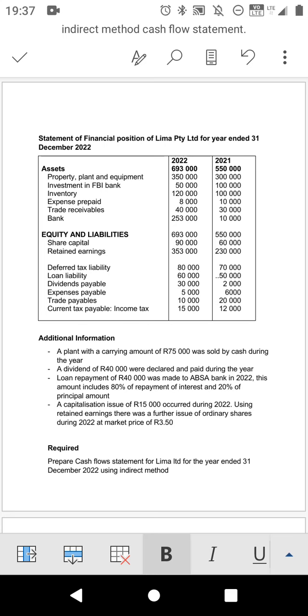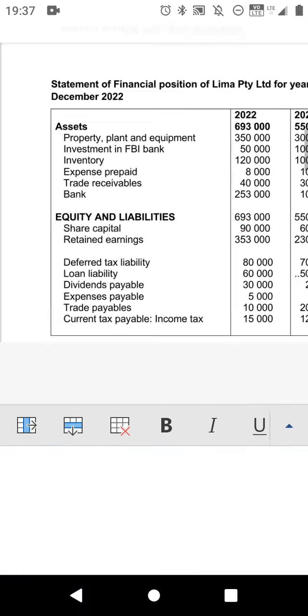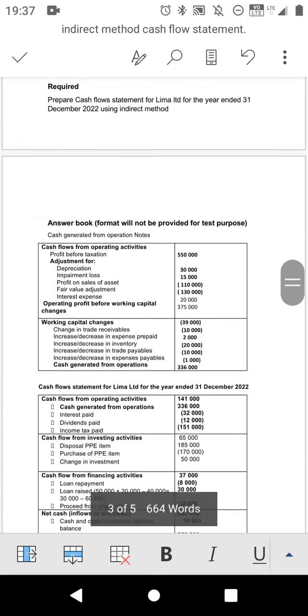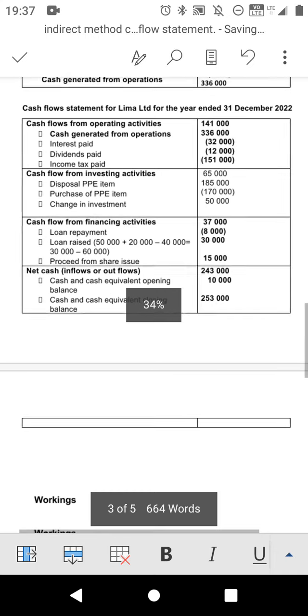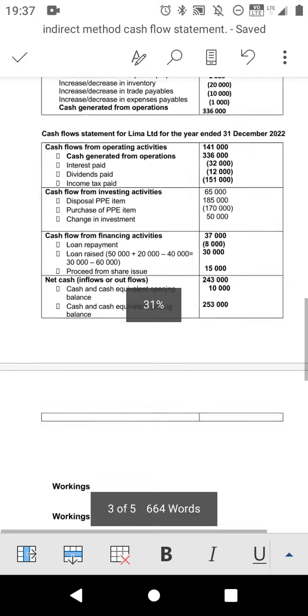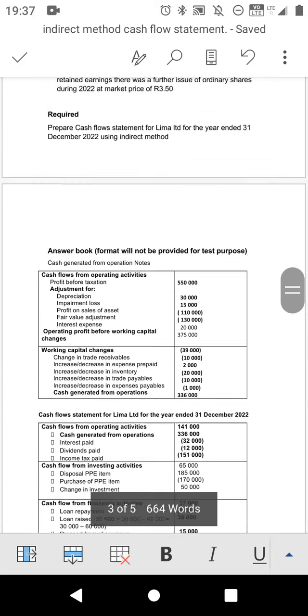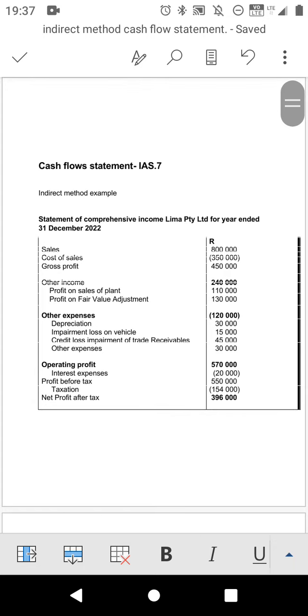Then the balance of the bank at the end must be the same as the balance that you calculate from net inflow or outflow plus cash and cash equivalent at the beginning. So this is how you should prepare cash flow using the indirect method. Very simple and very straightforward. Thank you.